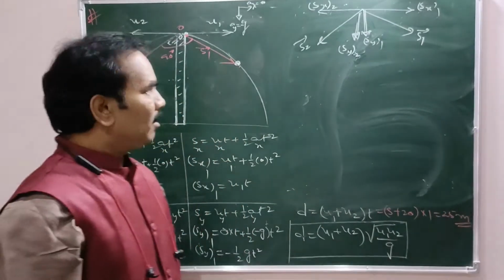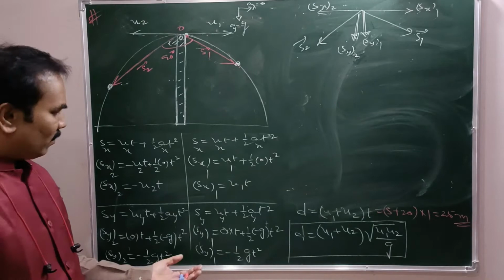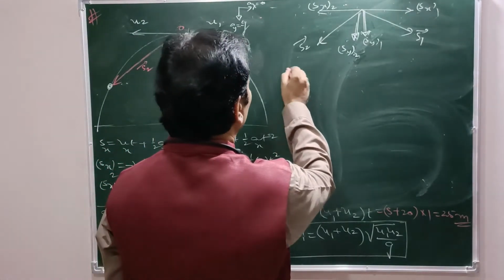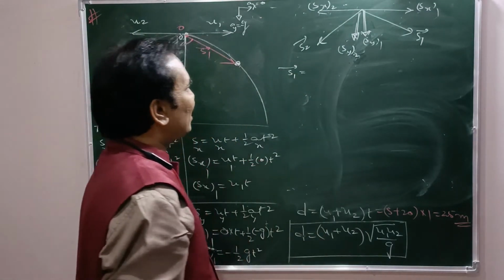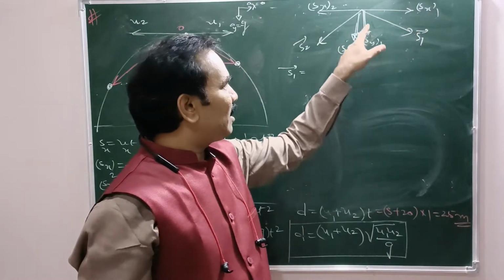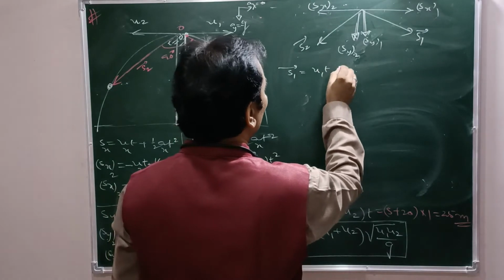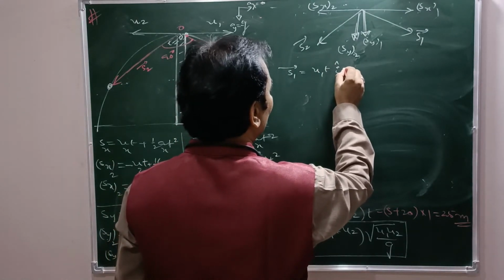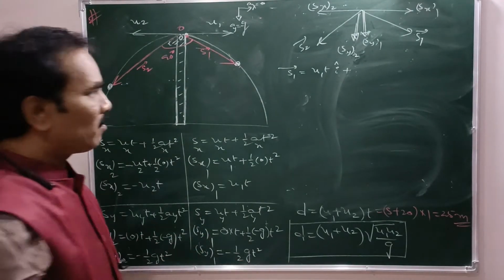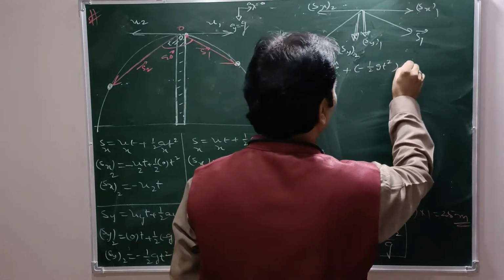Now in the same way, we can express displacement vectors. What is S1 bar? S1 bar equal to Sx1 i cap plus Sy1 j cap. Sx1 is u1 t, u1 t into i cap, plus Sy1, minus half g t square, into j cap.